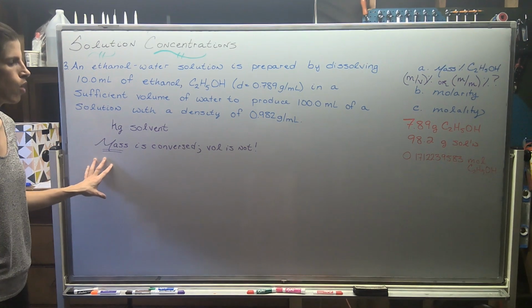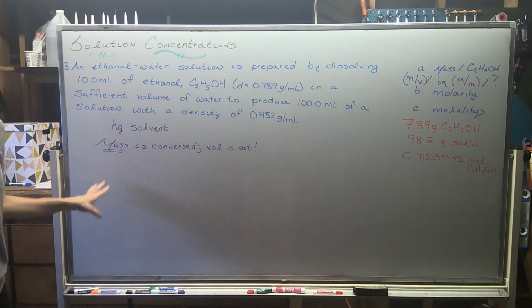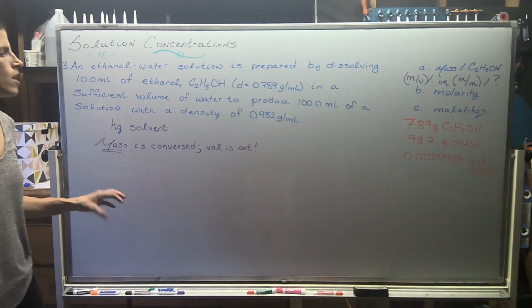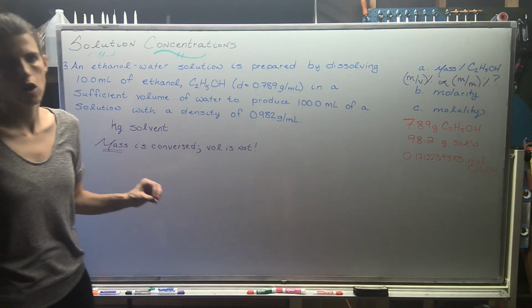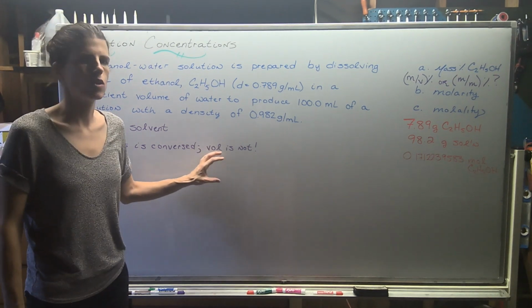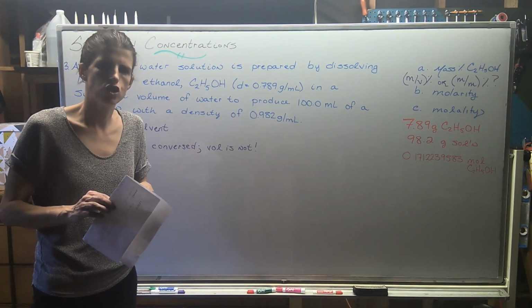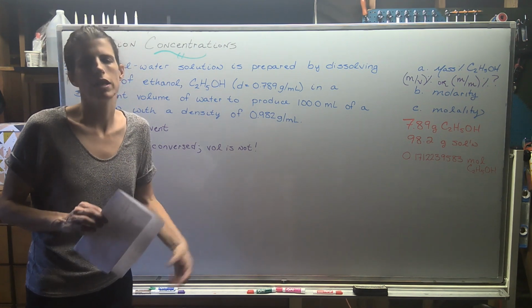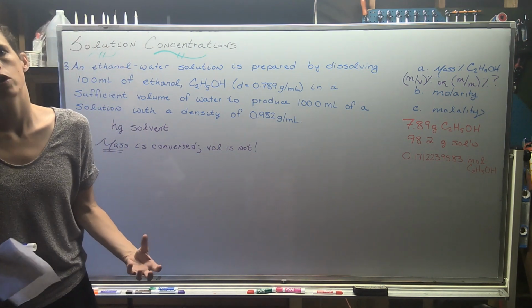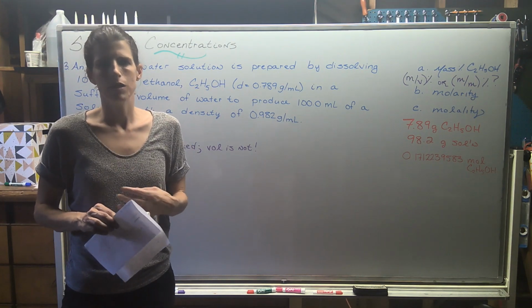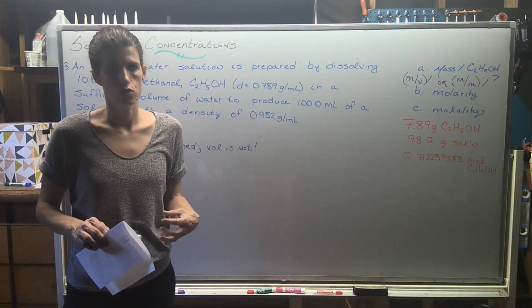So we can use the law of conservation of mass to estimate the grams of solvent. The thing that you have to avoid at all costs, though, is adding or subtracting volumes. When you combine different solutions, you can't assume, like if you have 100 milliliters of ethanol and you add 100 milliliters of water, that doesn't mean you're going to have 200 milliliters of solution.